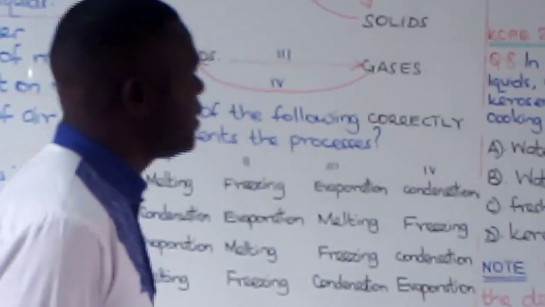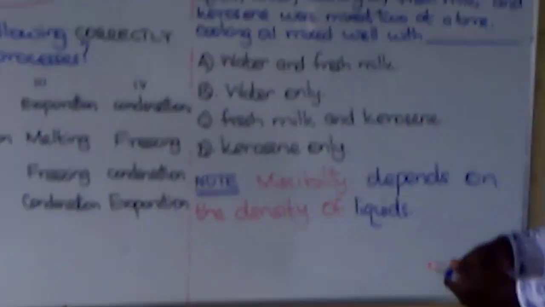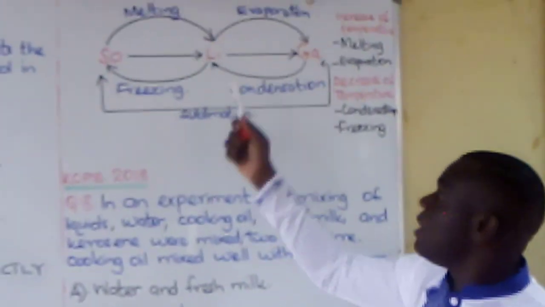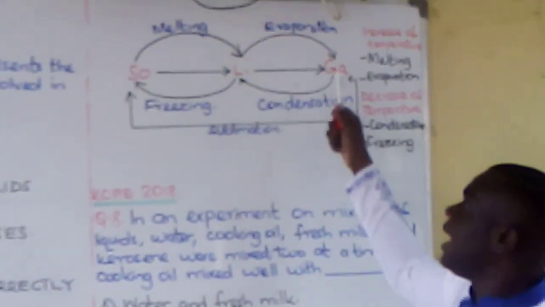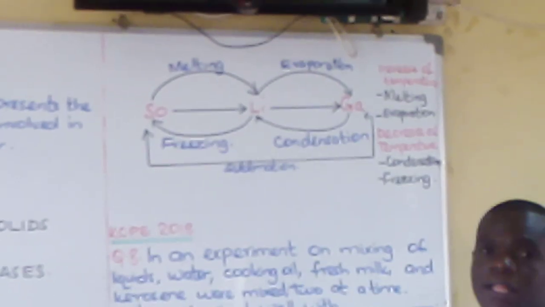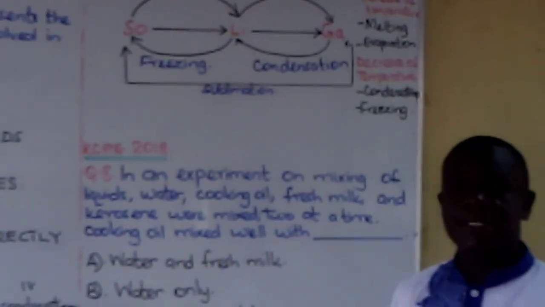Now that takes me to the other part of the diagram, and there's a lot of information that can be gathered here. Now we have our mnemonic to be able to remember this. Soliga. Everybody say soliga. That means solid, liquid, and gas.